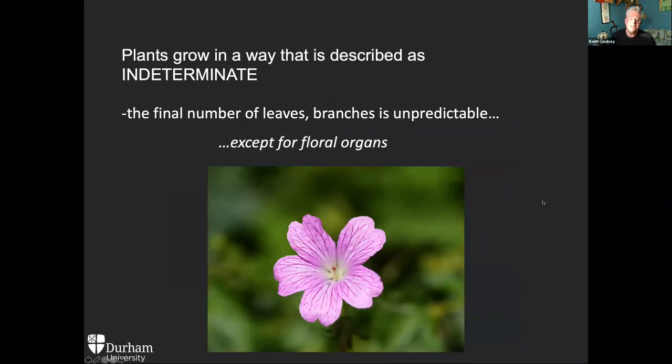But not all aspects of plant development are organized in that way. Yes, leaves and branches are quite unpredictable, but floral organs are not. So these are highly stereotyped for a particular species, highly predictable.